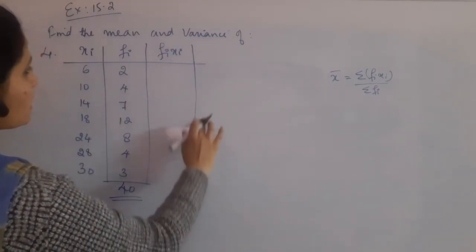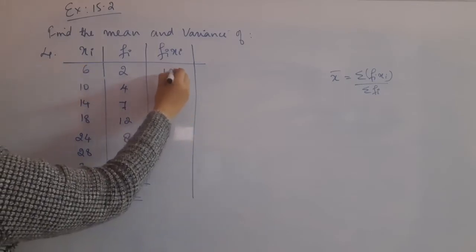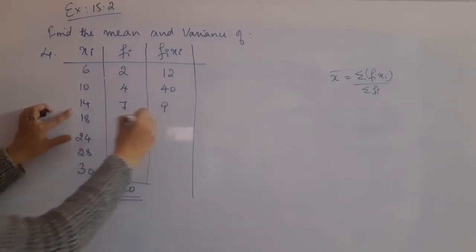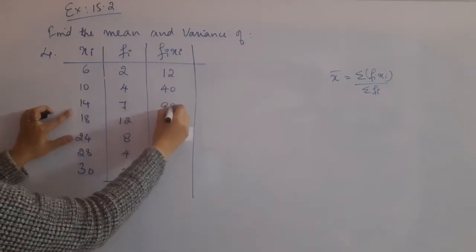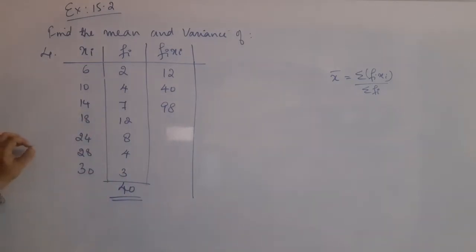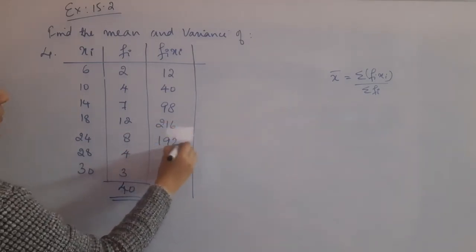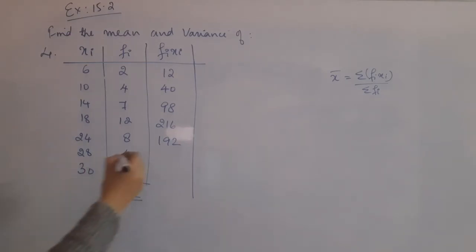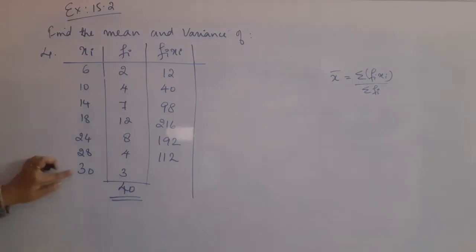Now what you will get here is, just multiply 14 into 7, it is 98, then 18 into 12, what is the answer? 18 into 12, 216, 24 into 8, 192, 28 into 4, 112, and 30 into 3, 90.